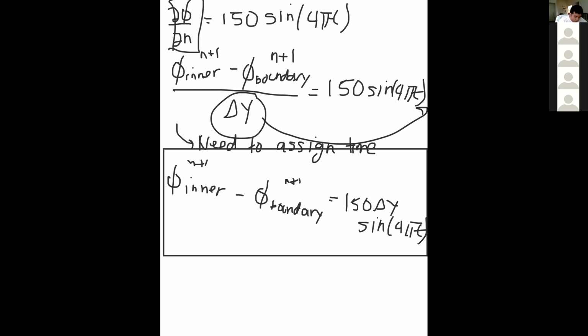Basically, for every node that sits on the bottom boundary, you're going to apply this equation right here. You get an algebraic equation where on the right side you have 150 delta y sine 4 pi t. When you apply this in MATLAB, this quantity will go into your right-hand side vector, which we usually call b in the code.